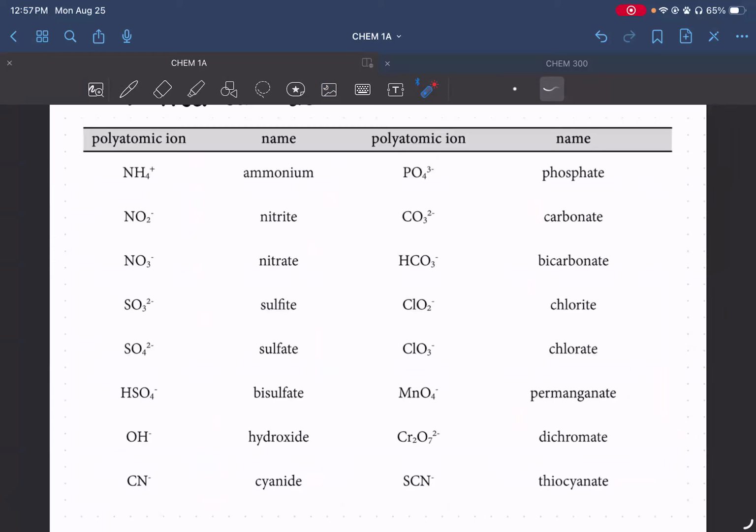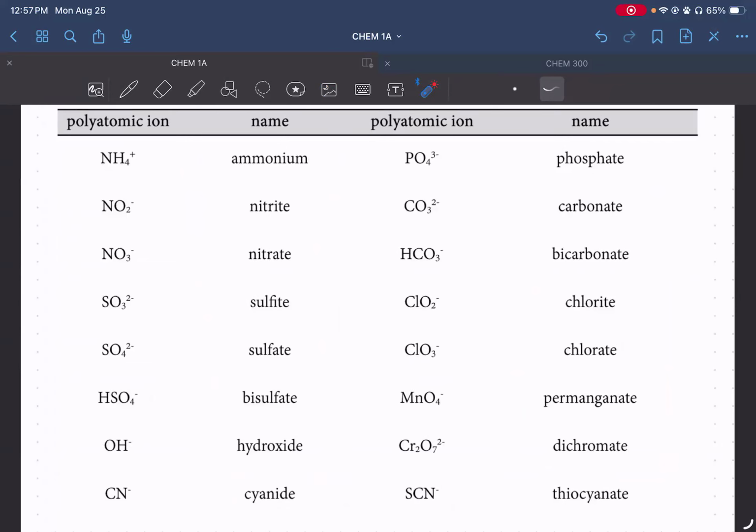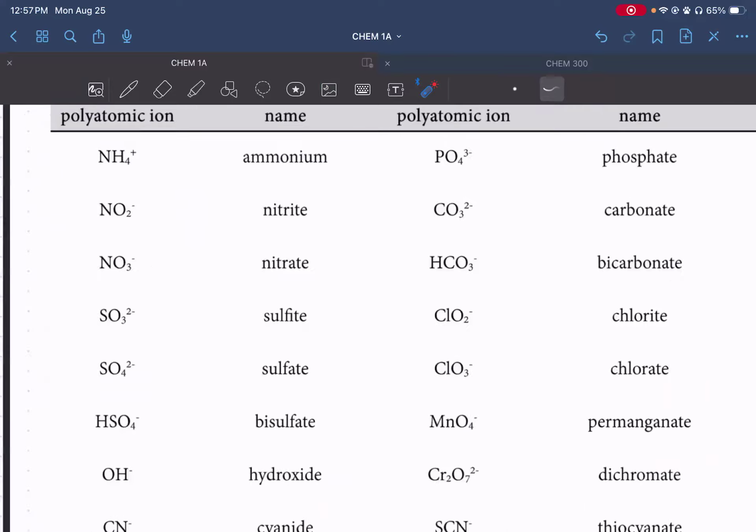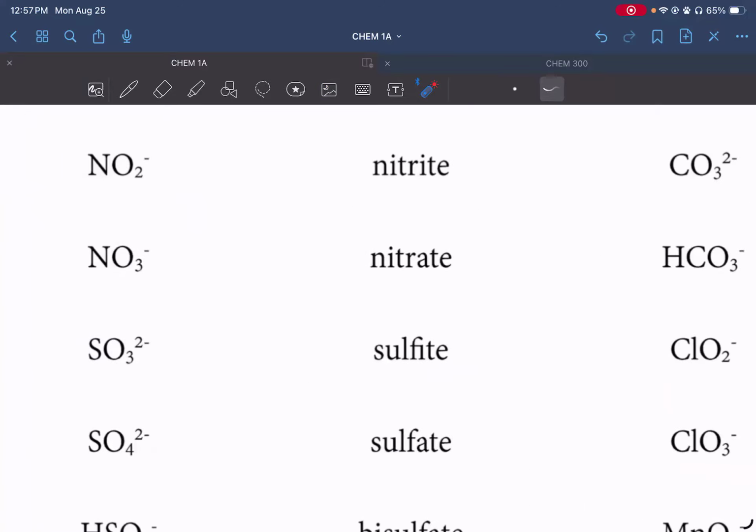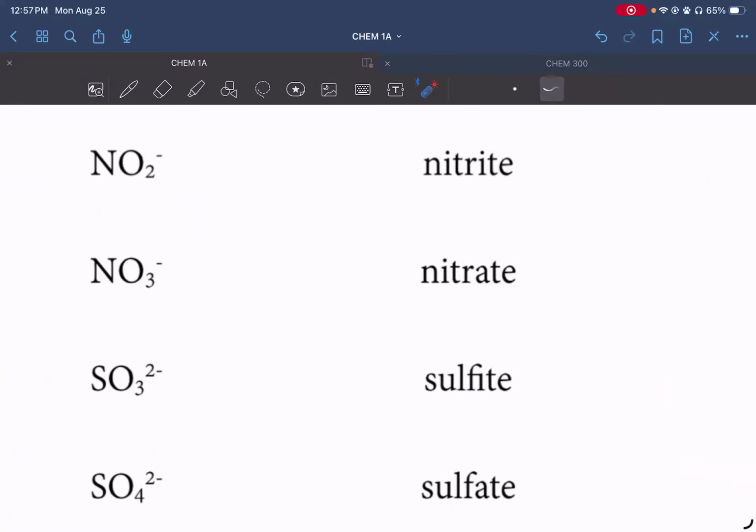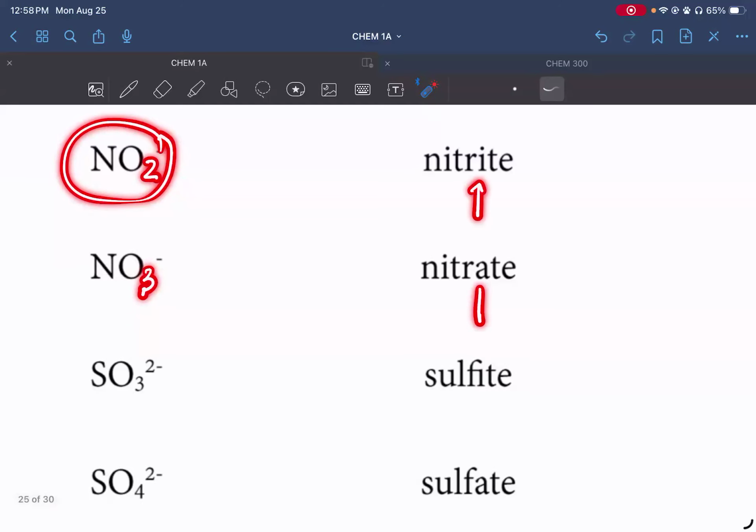If you look through your textbook, there's bound to be hundreds more, but this is the only set I need you to know. And here's why memorizing it is so important. Let's look at the nitrite over here on the left. We have NO2 and NO3. Their names are different only in one letter, nitrite and nitrate.